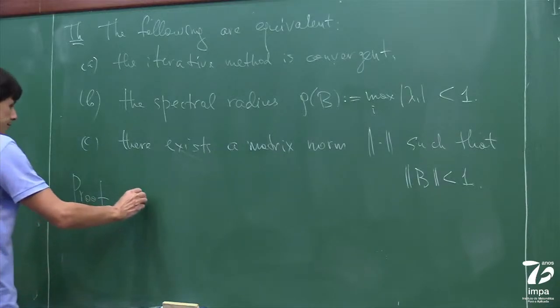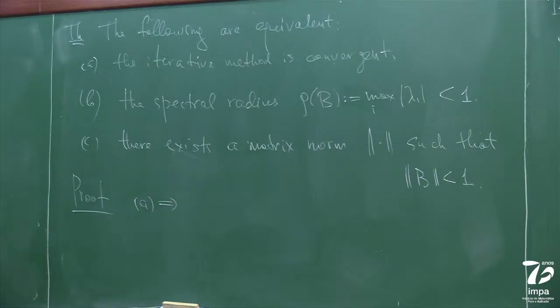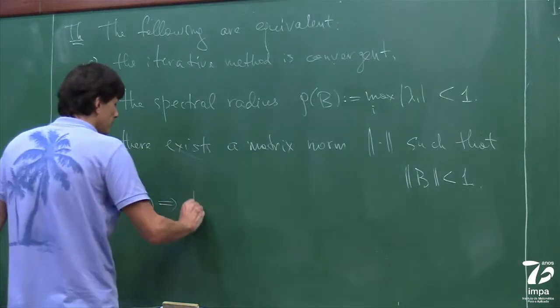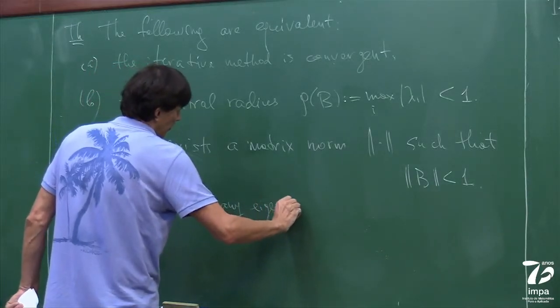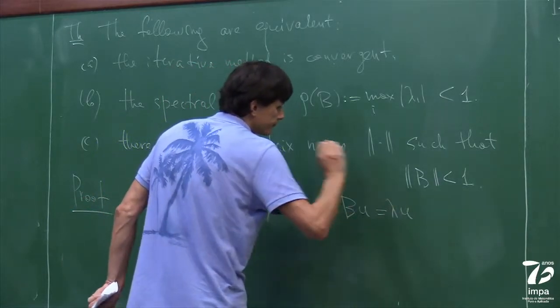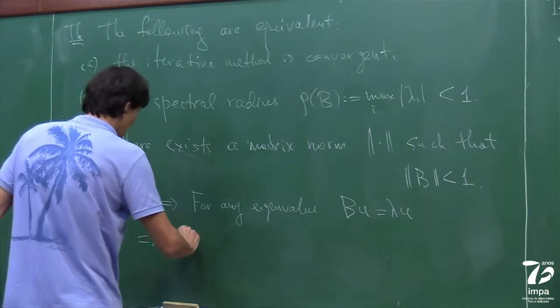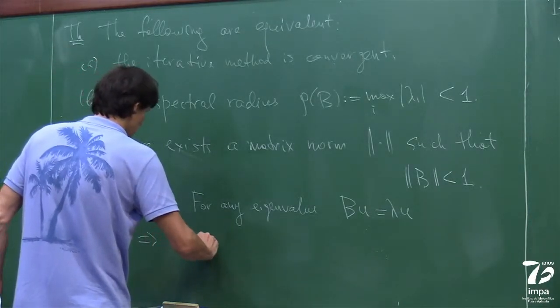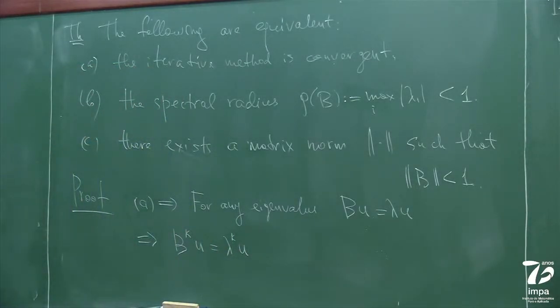Okay, so take A, right? If the method is convergent, what do we have? Then for any eigenvalue, you have B u equals lambda u, right? And that means that B^k u equals lambda^k u. And we need it to go to 0 as k goes to infinity.